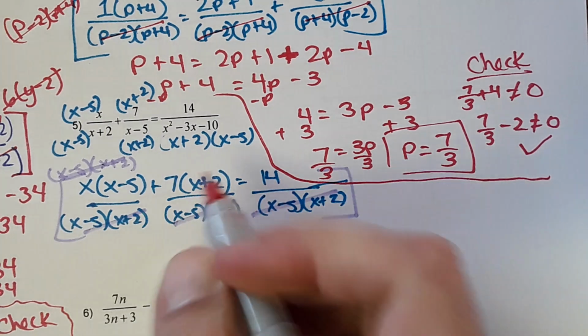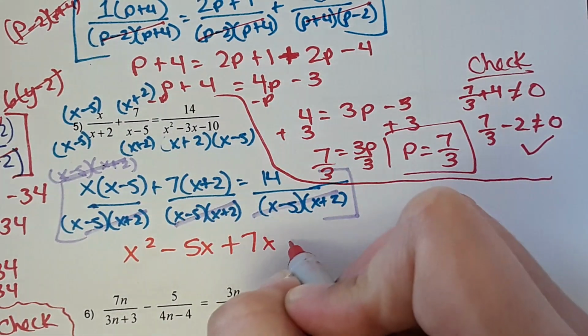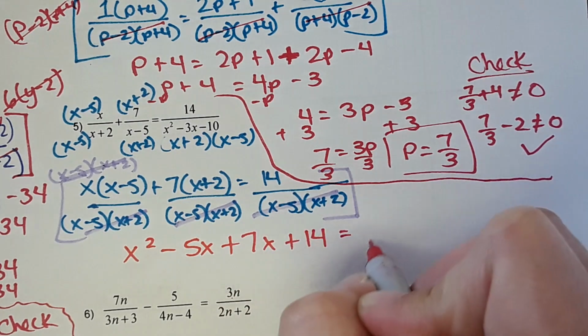And then writing this whole thing out, x squared minus 5x plus 7x plus 14 equals 14.